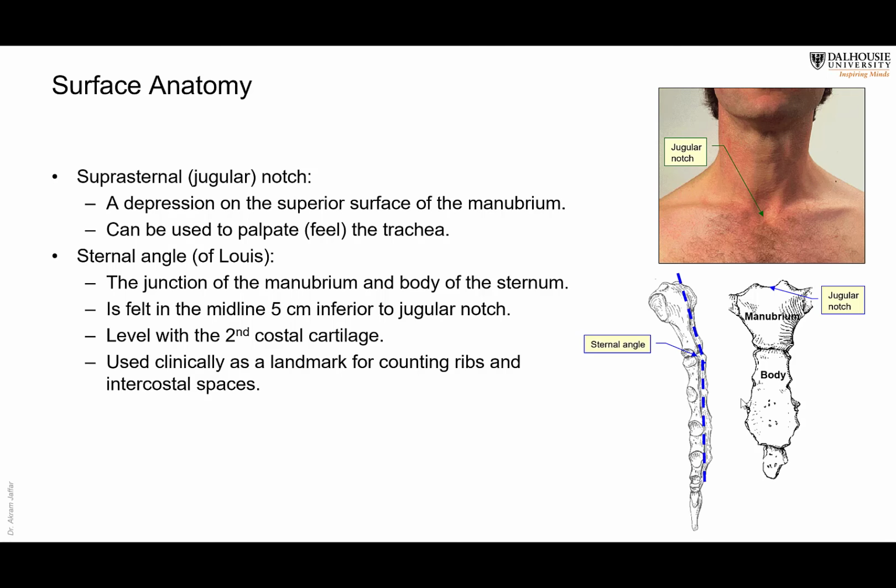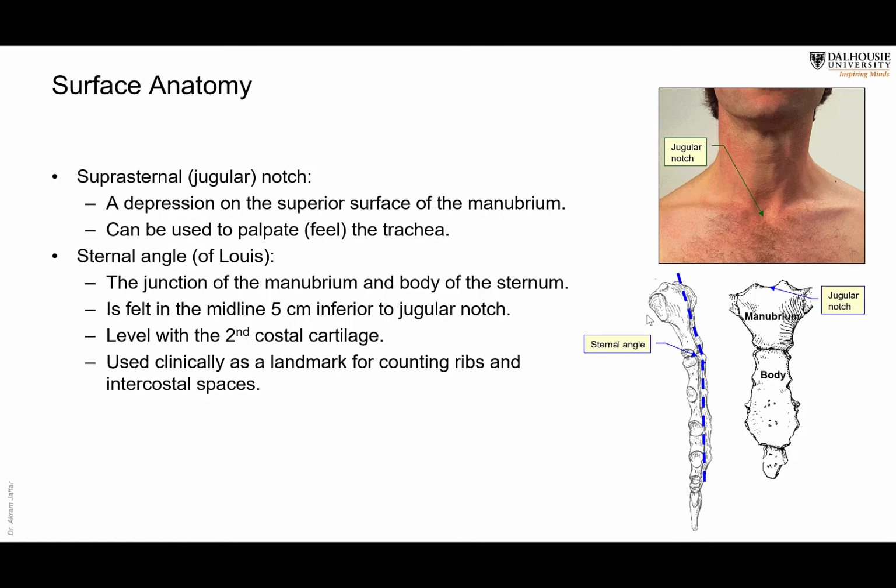Because in many cases, when you examine a patient and need to put a stethoscope, it should be put in certain areas on the chest. So if you are required to put the stethoscope in the 4th or 5th intercostal space, then you have to count the ribs and intercostal spaces. And this is the surface anatomical landmark that is usually used to count the ribs and intercostal spaces.